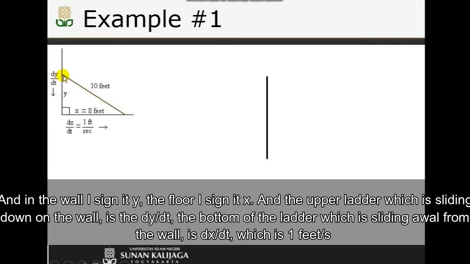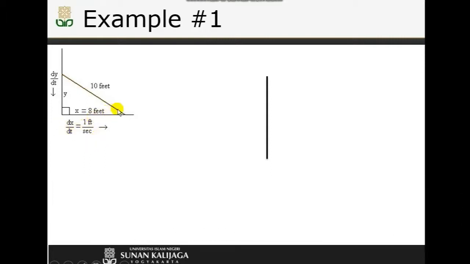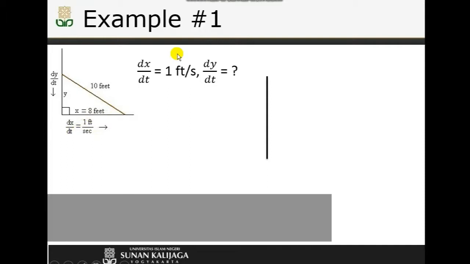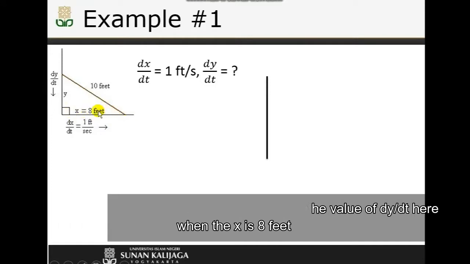The top of the ladder which is sliding down the wall, this is dy over dt, and the bottom of the ladder which is sliding away from the wall, this is dx over dt, which is 1 foot per second. So we know that dx over dt is 1 foot per second, and we have to find the value of dy over dt when x is 8 feet.